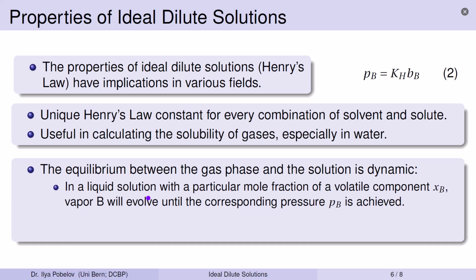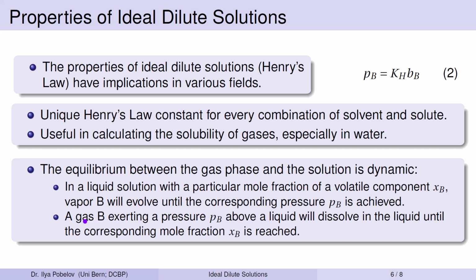If you have a liquid solution with a particular mole fraction of a volatile component Xb, vapor B will evolve from the solution until the corresponding pressure Pb is achieved. Conversely, a gas B exerting a pressure Pb above a liquid will dissolve in the liquid until the corresponding mole fraction Xb is reached.